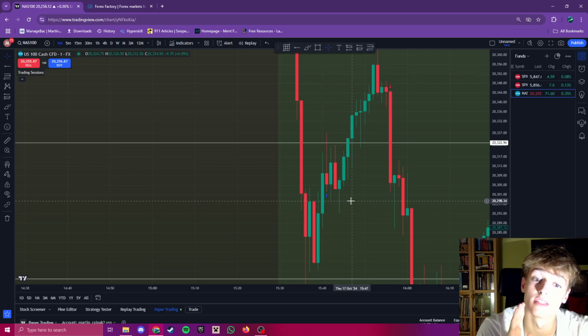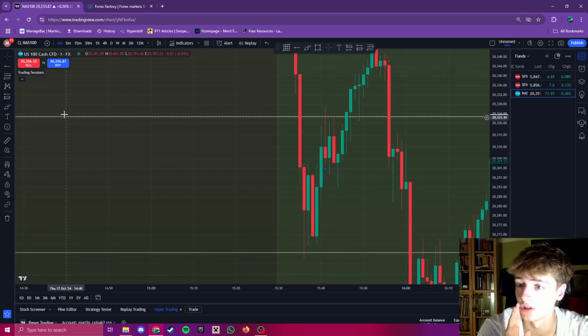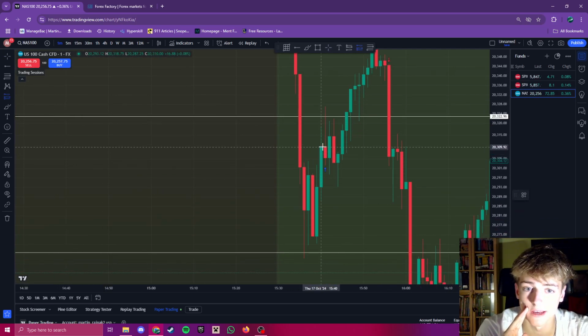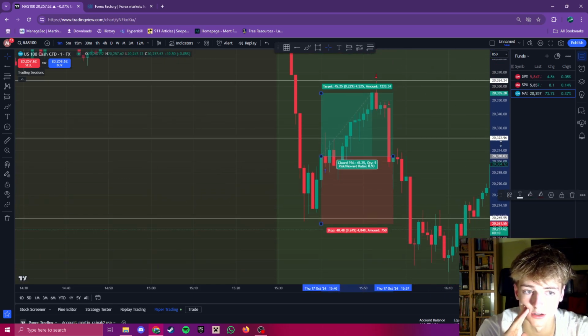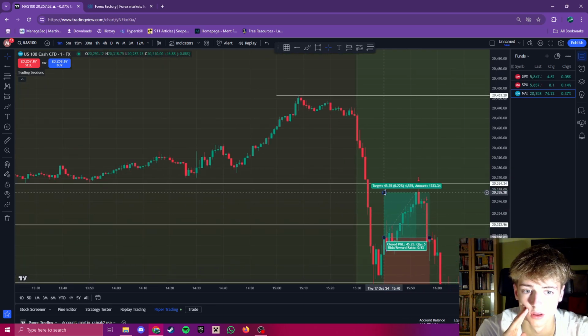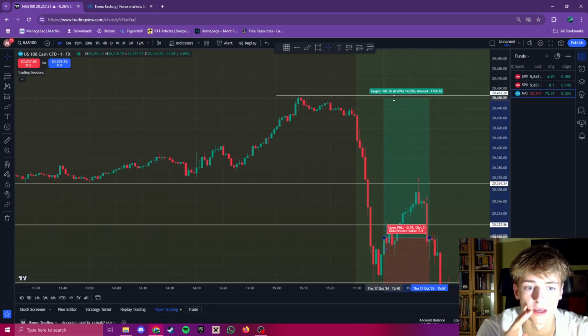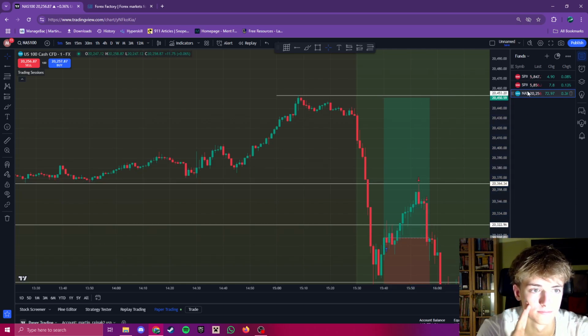I'd say it was the safe option, because if I enter off the breaker structure, I was looking at the RR and it wasn't too bad. 2.9, not too bad.